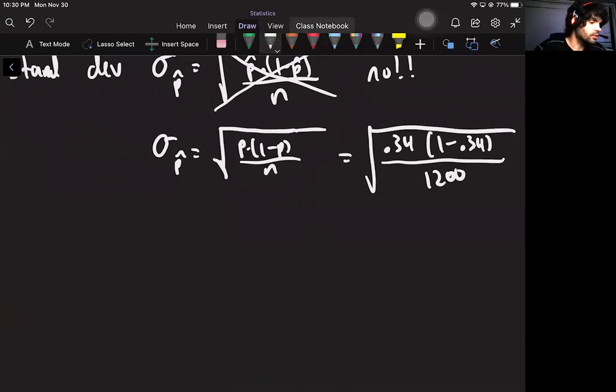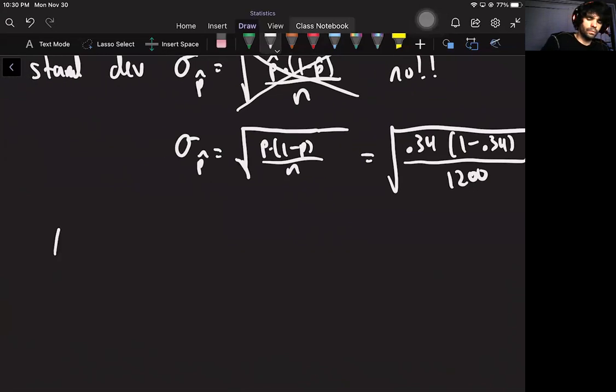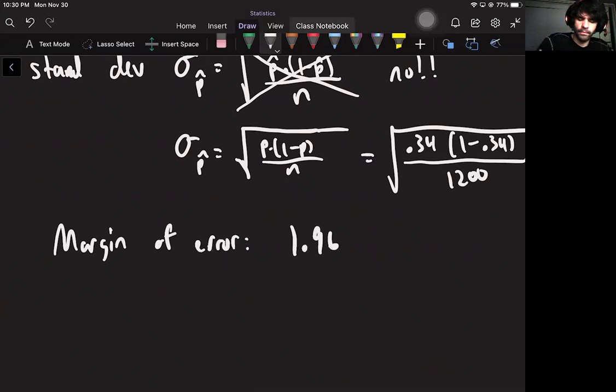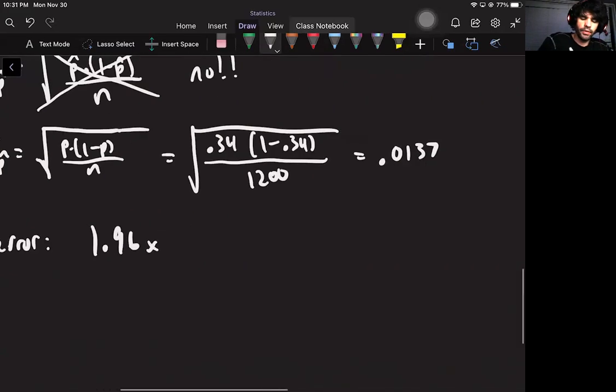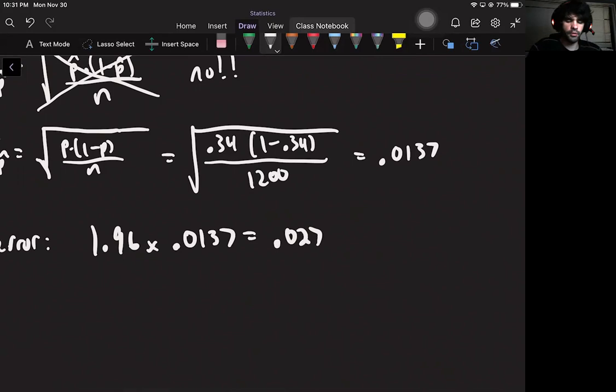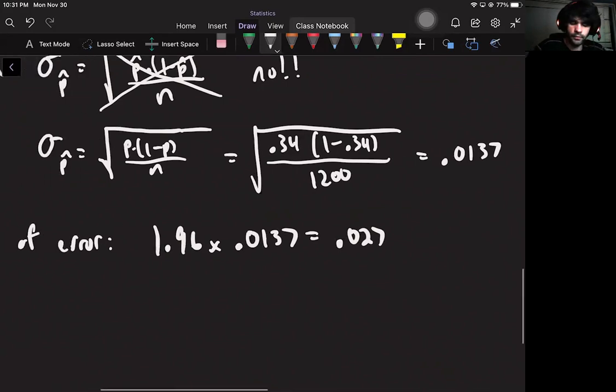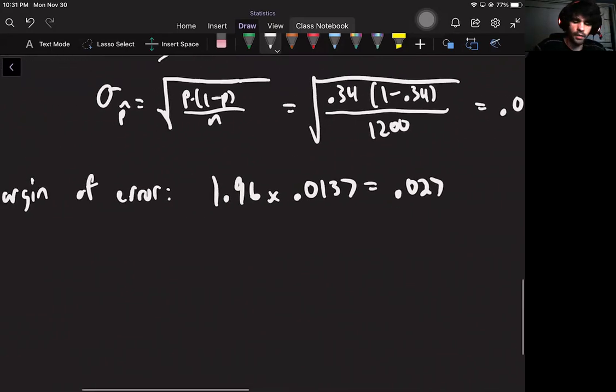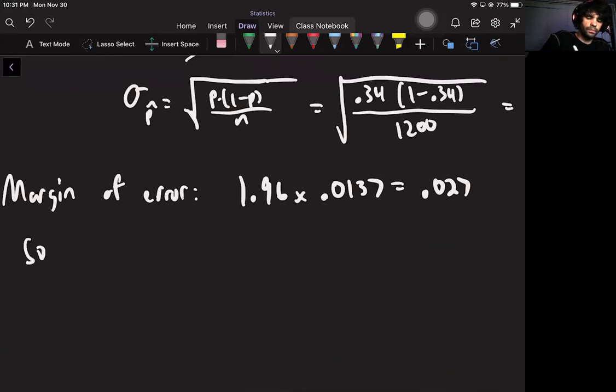So then what do we do next once we have our standard deviation? We got to get the margin of error. So that's just going to be your critical value times your standard deviation. That's the same as before, using this formula for standard deviation. Okay, so you'll get that. So then what's the confidence interval?